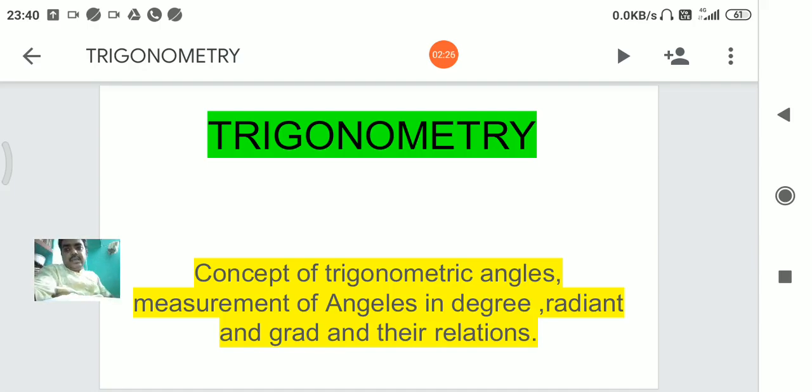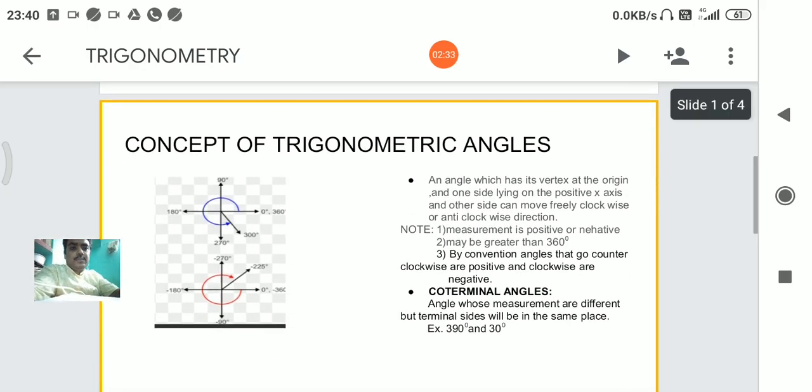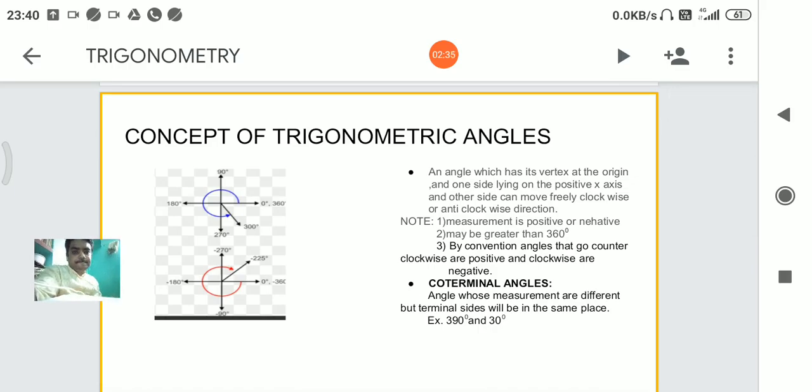Now, here I am giving you the concept of trigonometric angles. In trigonometric angles, we have to take the x-axis and y-axis. Here I have taken two figures. One is a positive angle and the other is a negative angle.